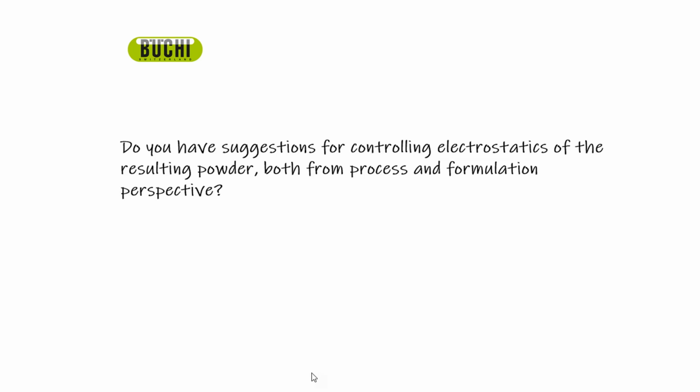A lot of times customers will have a place where they can control the powder afterwards, with a special hood where they're controlling the electrostatic discharge in the environment, which can help. On a lab scale, we sometimes use what's called an anti-stat gun. And I think a little bit this is intrinsic to powders, unfortunately.